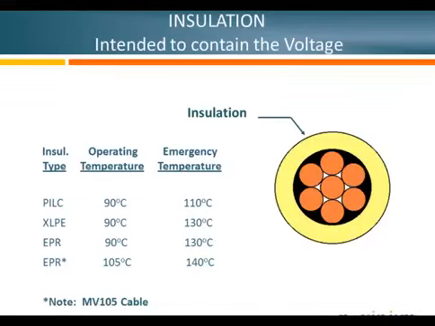Typically, for PILC, the emergency overload temperature is lower than it is for cross-linked polyethylene or EPR. So you can only overload PILC to 110 conductor temperature, whereas cross-linked polyethylene and EPR rubber, you can overload to 130 C, or in some cases 140 C if it's a 105 continuous rating.